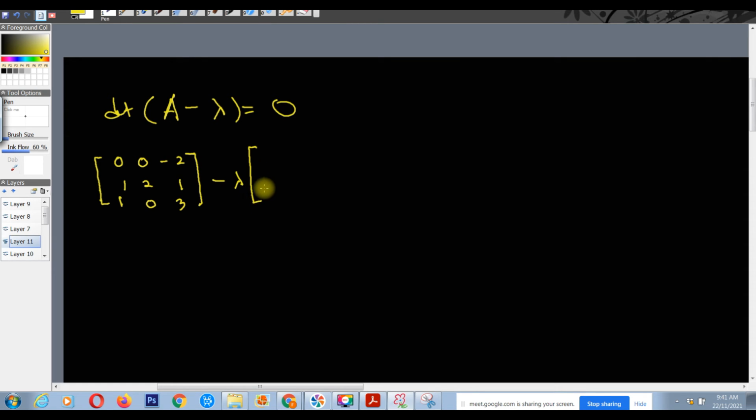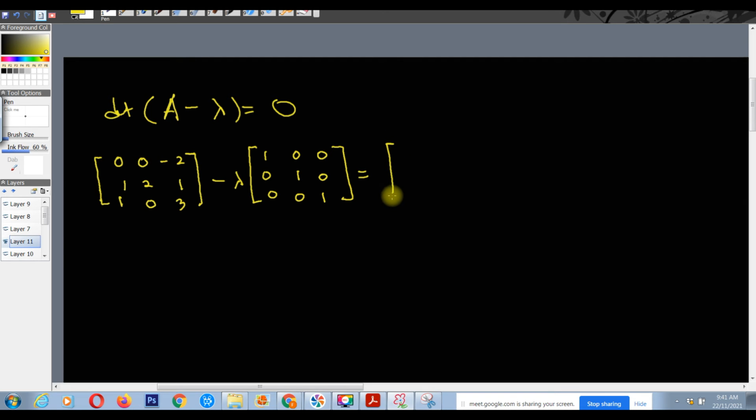What is the identity for this? 1, 0, 0, 0, 1, 0, 0, 0, 1. Then we multiply inside this matrix.